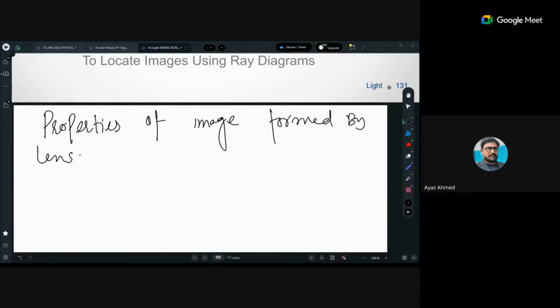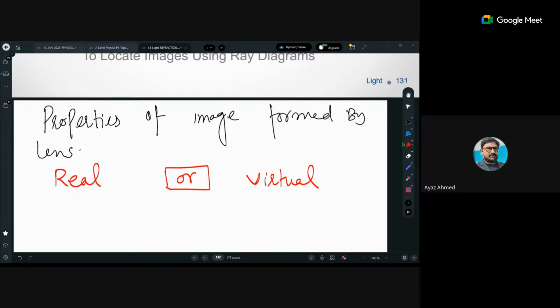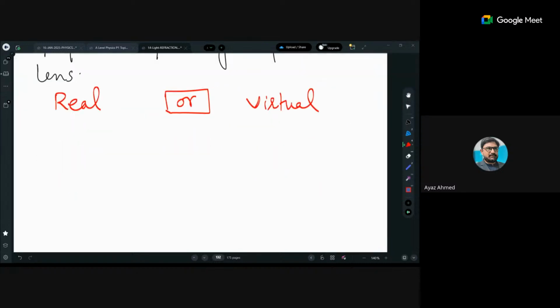Whatever that is, lens ho, kuch bhi ho, there would be some image formations, and those image formations are either a real image or a virtual image. दो ही हो सकती हैं, ठीक है? Either you have a real image or you have a virtual image, right? This cannot be "and". This will always be "or". Either the image will be real or the image will be virtual.